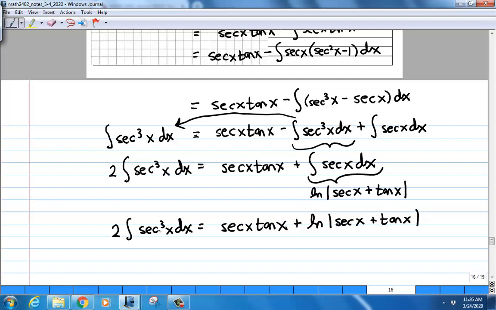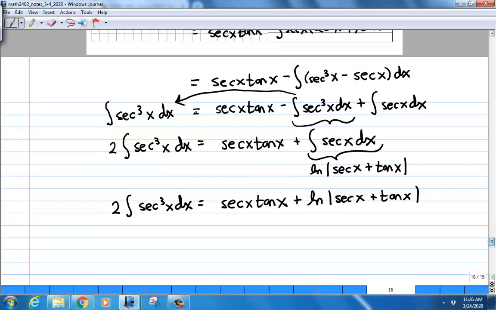Now remember, my original goal was to just figure out the antiderivative of secant cubed, and I can do that now easily. Just multiply both sides of this equation by 1/2, and on the left-hand side, of course, the 1/2 and the 2 will cancel.